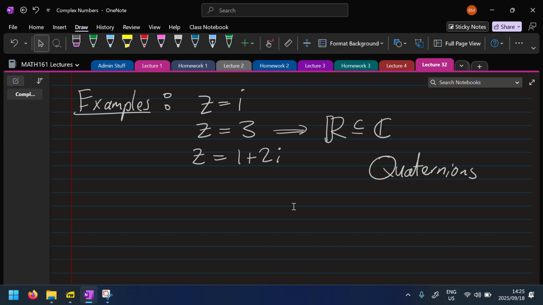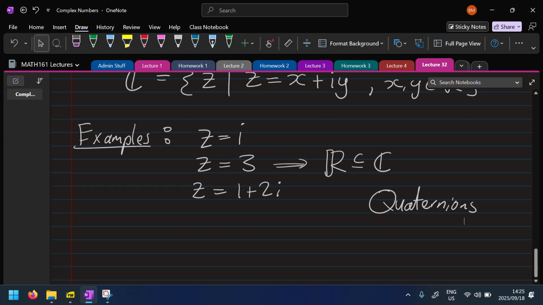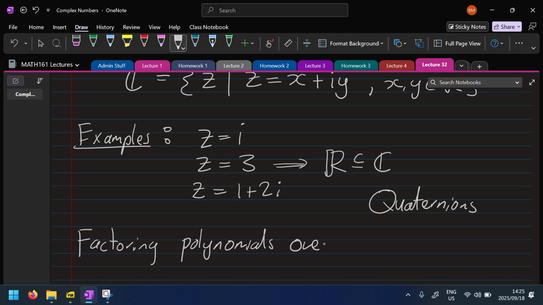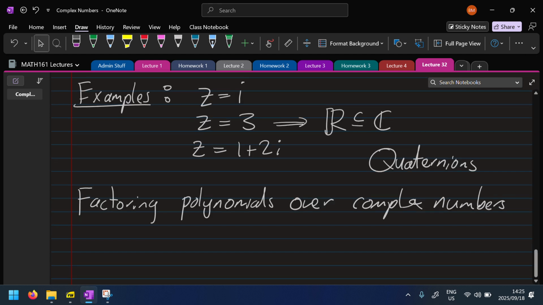No. Okay. So let's have a look at some examples of factoring polynomials over complex numbers. Last year we did a bit of polynomial factoring.